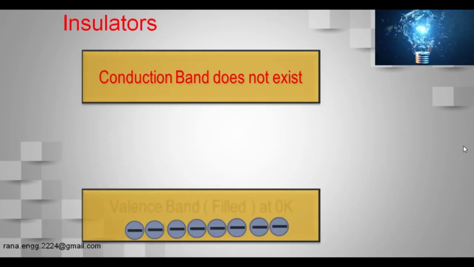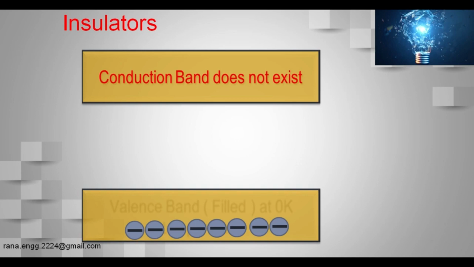Now let us classify materials based on these bands. So, we have insulators. Insulators do not conduct. Why do they not conduct? Let us discuss the reason. We have electrons in the valence band, whether it is an insulator, semiconductor or conductor, all of them have electrons, because everything is made up of atoms.